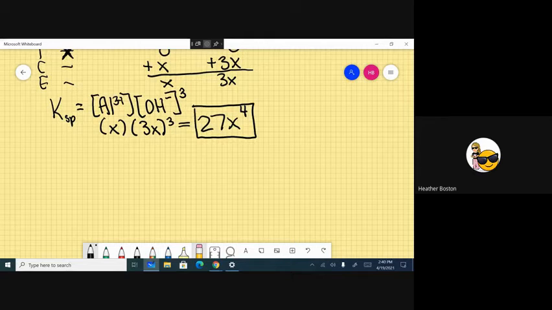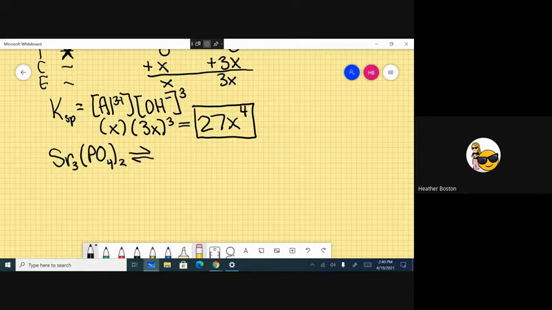And the last one, 5 ions. Doesn't matter if you have 3 cations and 2 anions, or the opposite, 2 cations and 3 anions, doesn't matter.